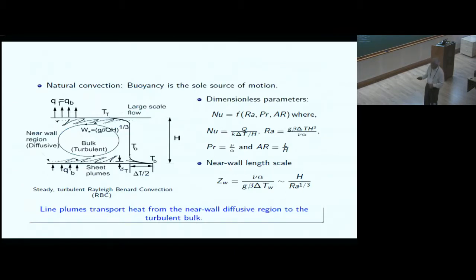And this is some sort of schematic of what happens in Rayleigh Bernard convection. You have these plumes and you have this bulk outer flow. And the Nusselt number is the non-dimensional heat transfer. And I wish to point out this near wall length scale, which I will again talk about a little later, which normally people don't use.